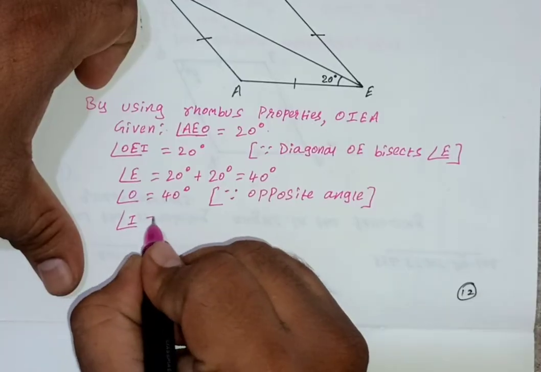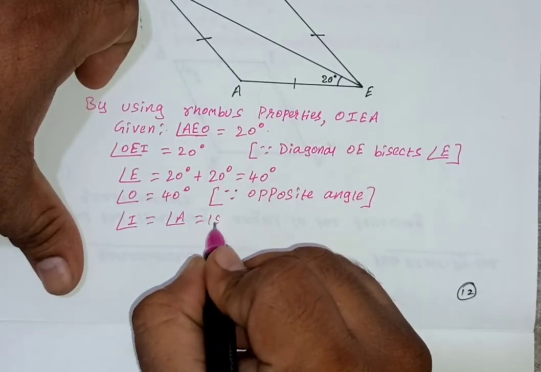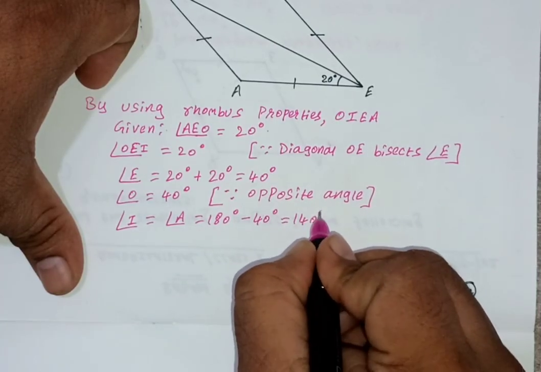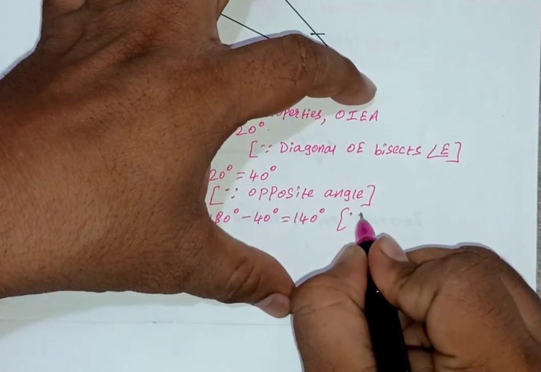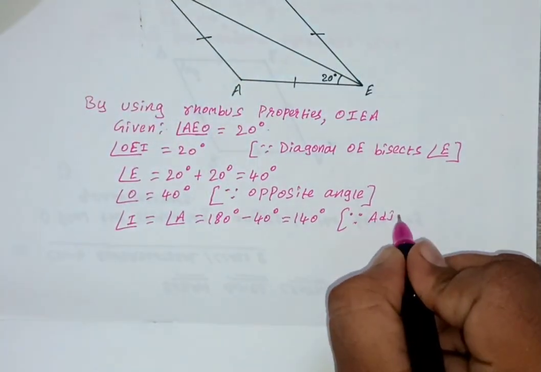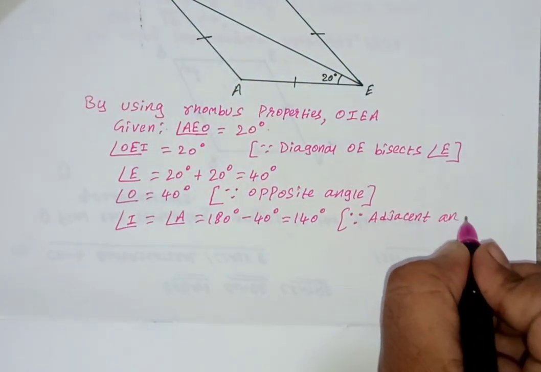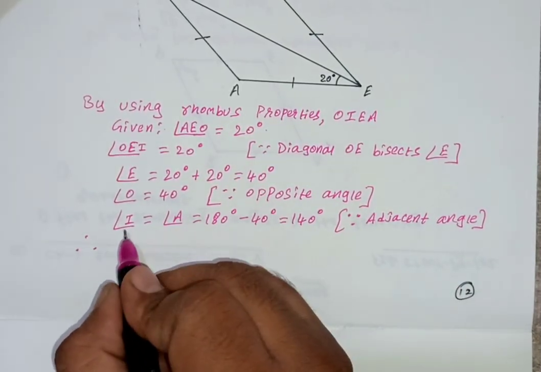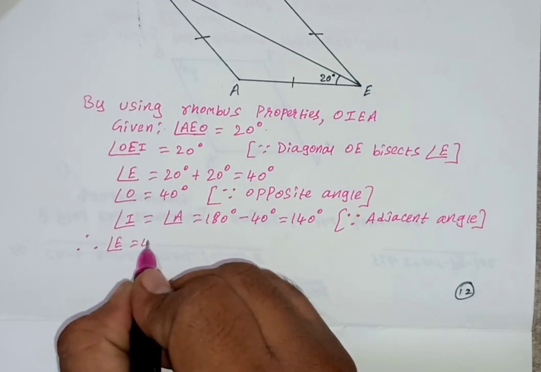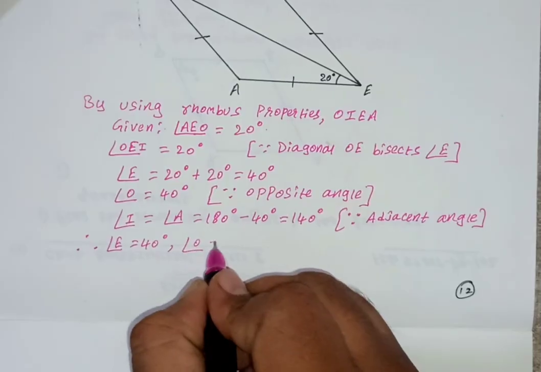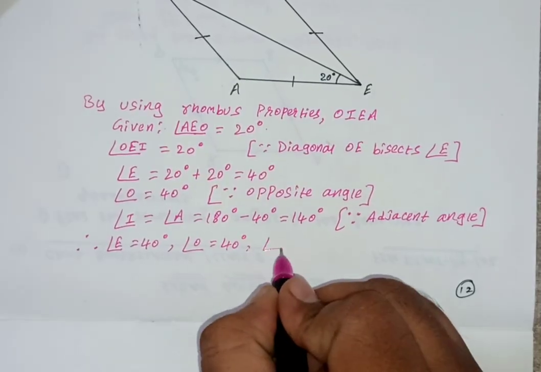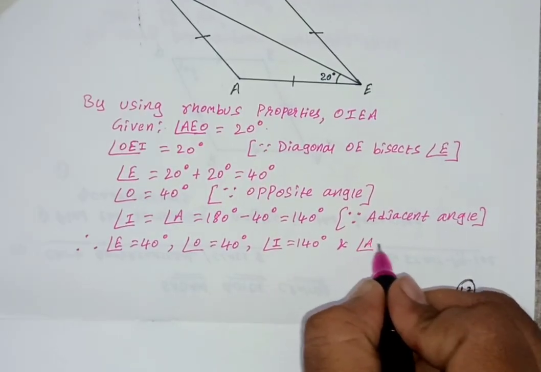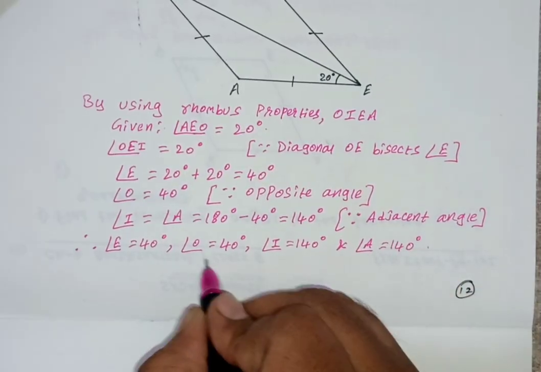And angle I is equal to angle A, 180 degrees minus 40 degrees, which is equal to 140 degrees, since it is again an adjacent angle. Now, therefore, the values we got here are angle E 40 degrees, angle O 40 degrees, angle I 140 degrees, and angle A is equal to 140 degrees.